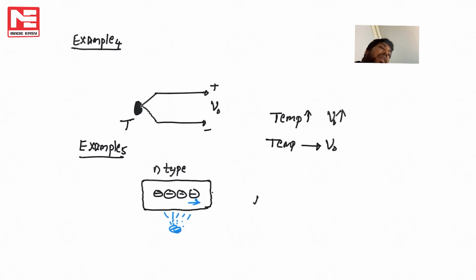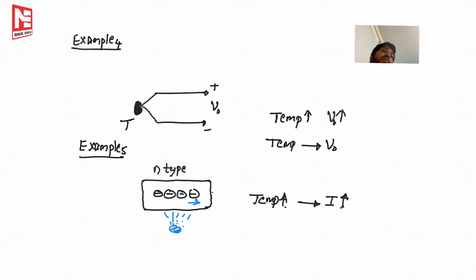This means that if you increase the temperature, then the conductivity inside this semiconductor material will increase. So the current we get at the end will increase. In the fifth example, you can clearly see that when the temperature is increased, the current is increasing.